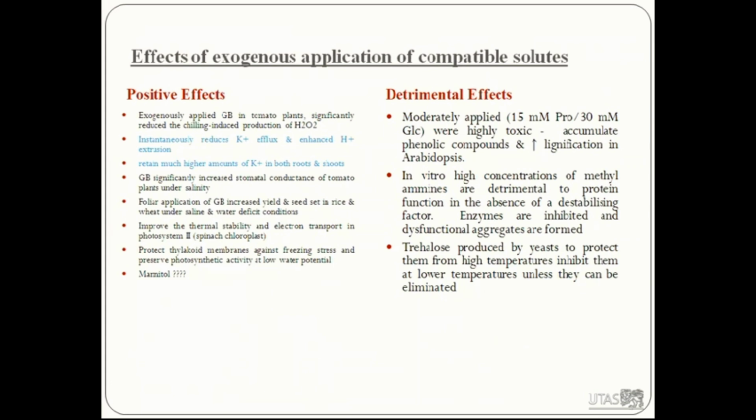However, the idea of applying the compatible solute exogenously onto plants looks rather promising, but not without consequences. These are a few documented findings explaining the roles of osmolytes when applied exogenously.